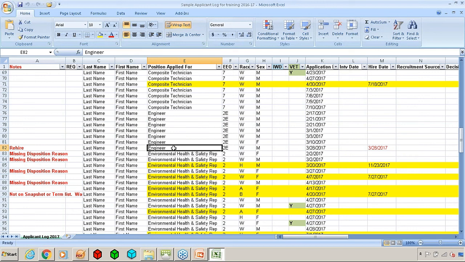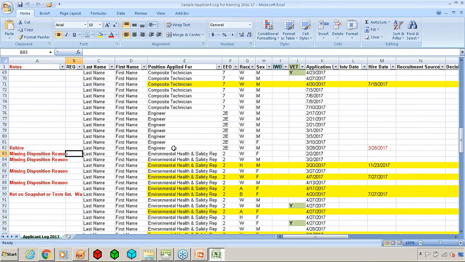If you're calling people back from a layoff, you have to keep a list of who was laid off during the same time period, who you invited in the callback, and why. If you called back everyone in that layoff, you then have to track who reapplied and responded that they do want to come back to the company and who did not. And if they gave any reasoning, you have to list that. So in this particular case, this was an engineer that was called back and was rehired.